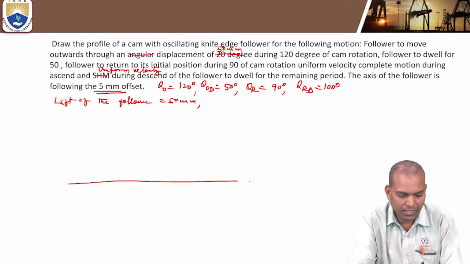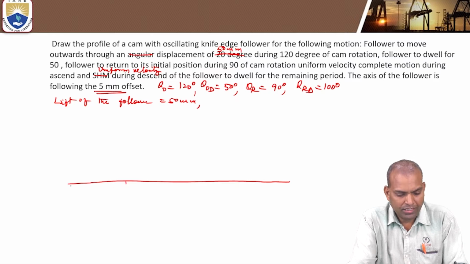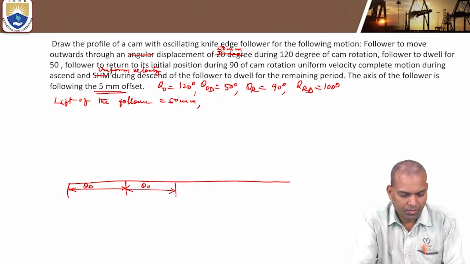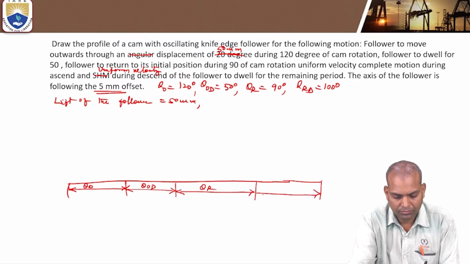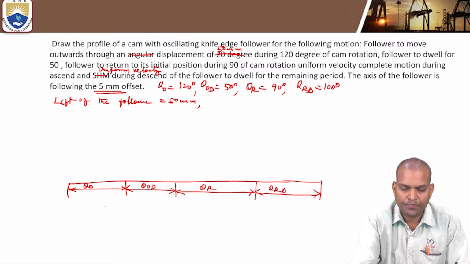Draw the displacement diagram. Divide the x-axis with the angles theta O, theta OD, theta R, and theta RD.